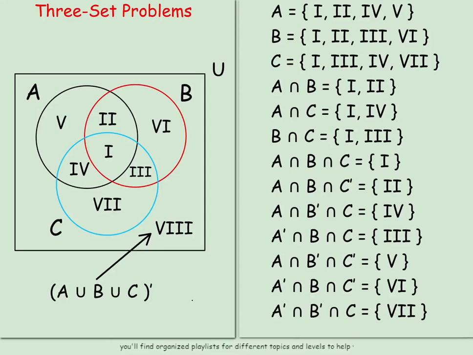Now with this, we have covered all the regions that are of most importance if we want to solve a Venn diagram involving three sets. As usual, I'll leave you with some questions. This time around, my questions are just for you to identify 3 areas. You can let me know in the comment section what they are.